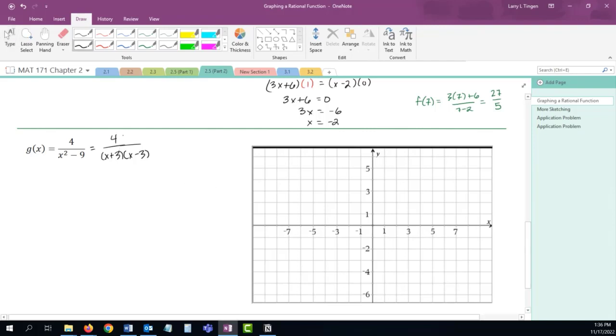Okay, so once again, no holes because no shared factors, but I do have vertical asymptotes, and those live where x plus 3 is 0, which occurs when x is negative 3, and where x minus 3 is 0, which is happening when x is 3.